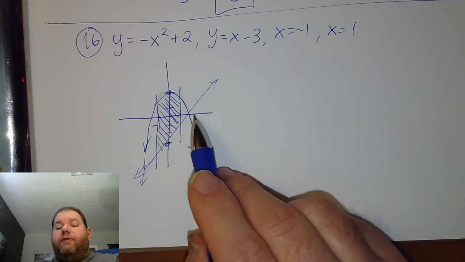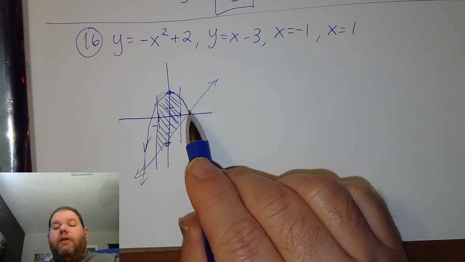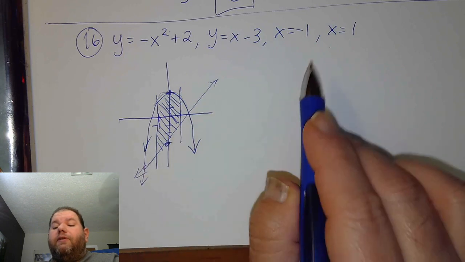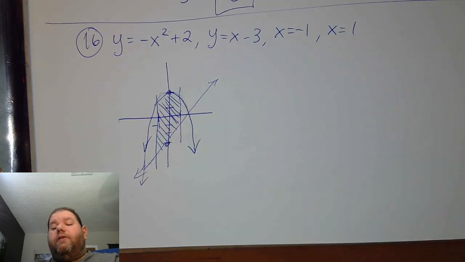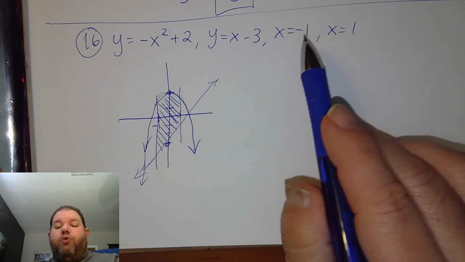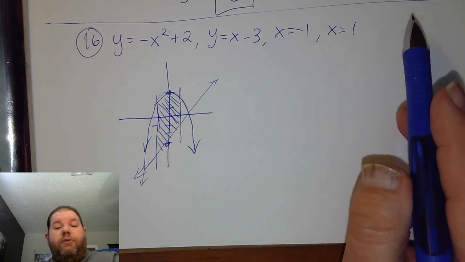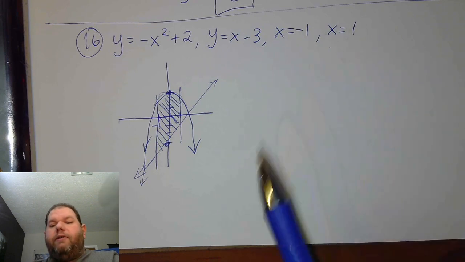And we see that the line and the parabola actually meet at two different places, but it turns out we're not interested in what those two numbers are because they've actually provided the limits that they want us to use here. So something we want to keep in mind is that it's not always the area between the two curves, it's also the area between the boundaries provided. These are not always given to us, as we saw from the first example, but if they are, we have to keep track of that.